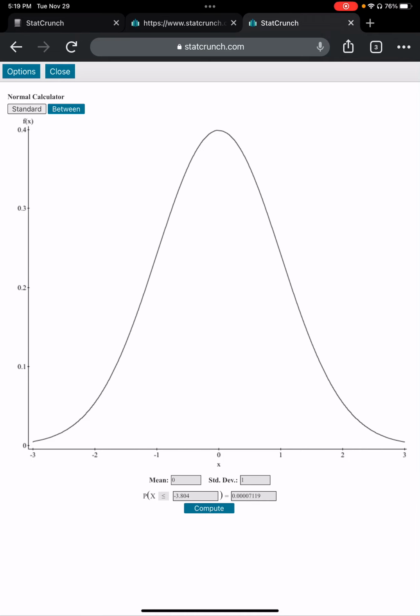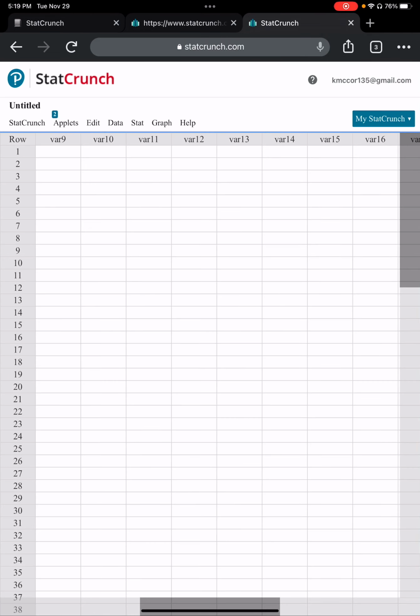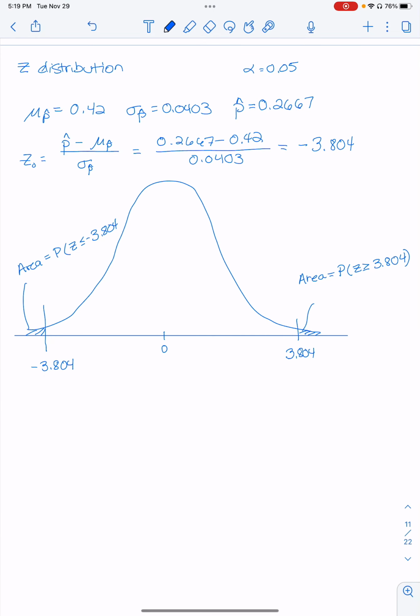So if I go back and I take those numbers back over to where we were working here, then what I found was that P of what I want is the two areas added together.